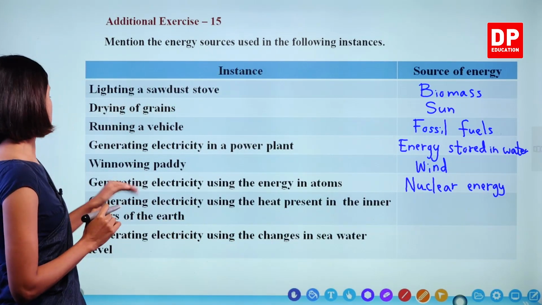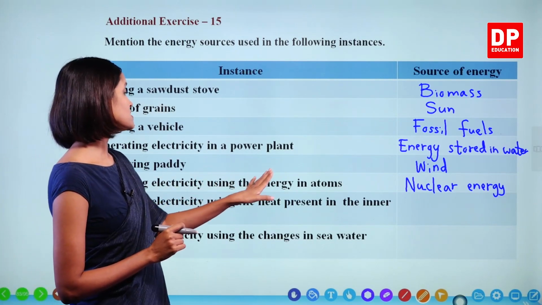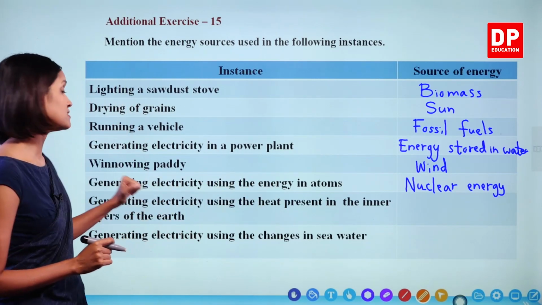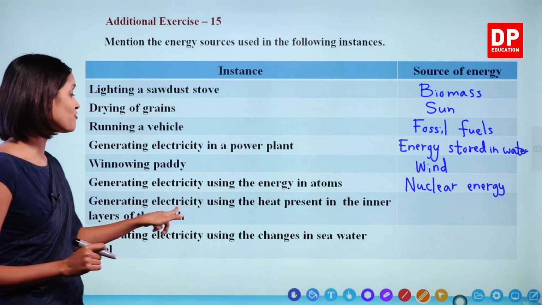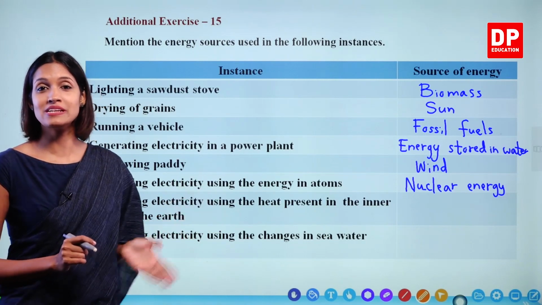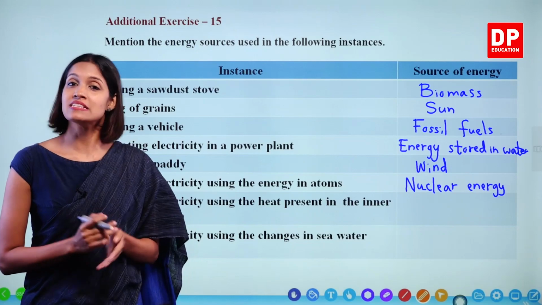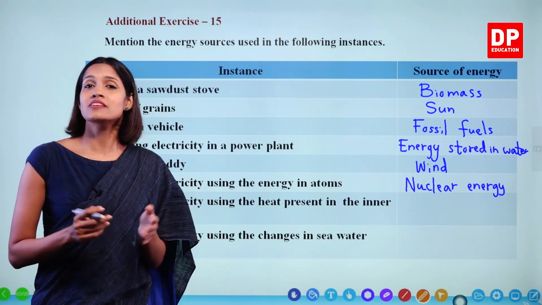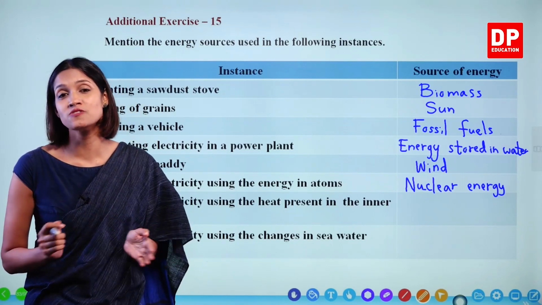Right, the next one. Generating electricity using the heat present in the inner layers of the earth. What is the meaning of this? This is about geothermal energy. Under geothermal energy, we learned that in certain parts of the earth, in the inner crust, the temperature is very high.